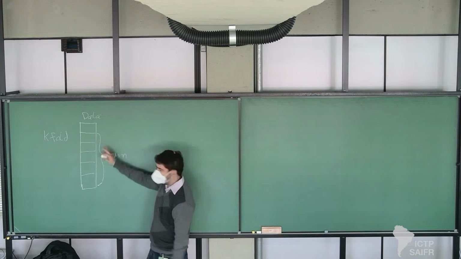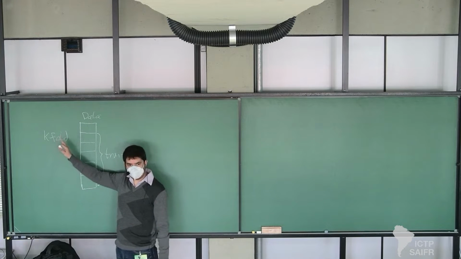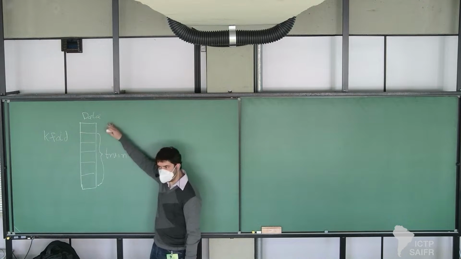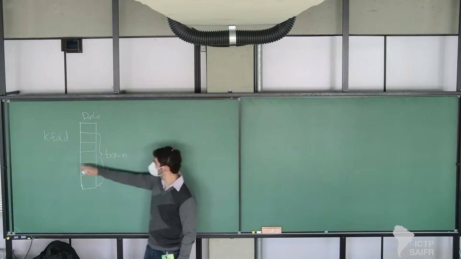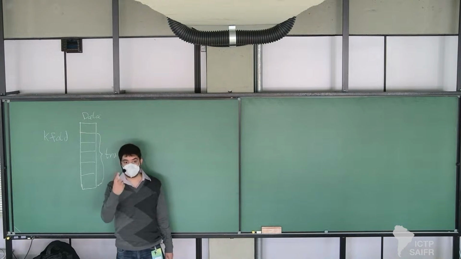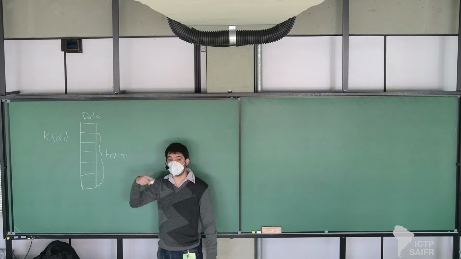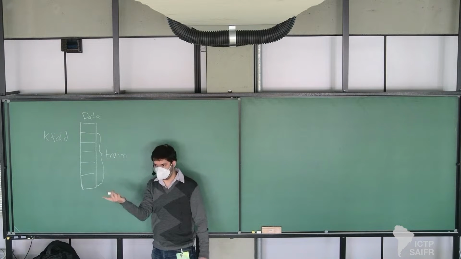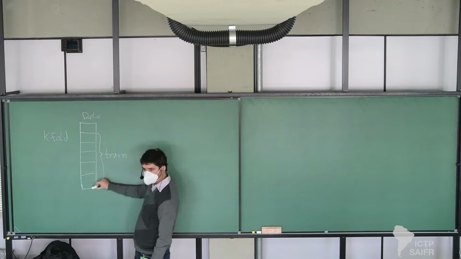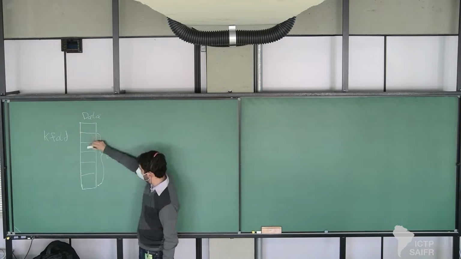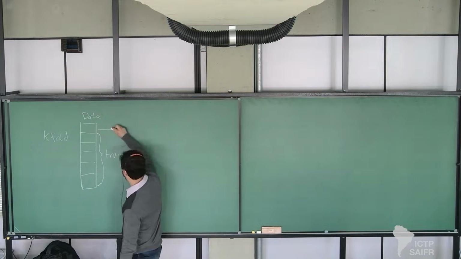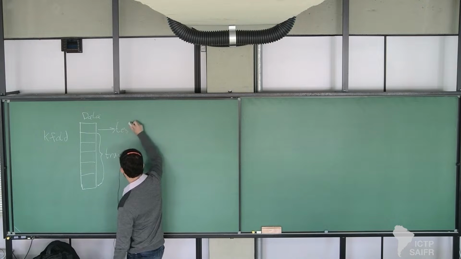A k-fold cross-validation divides my data in k subsets. So k here is equal to 6: 1, 2, 3, 4, 5, 6. Now I'm going to perform 6 training-test experiments. In the first experiment, these 5 folds are used as training, and this one is used as test.